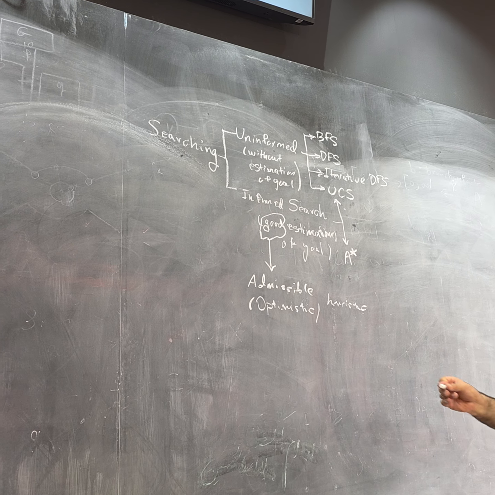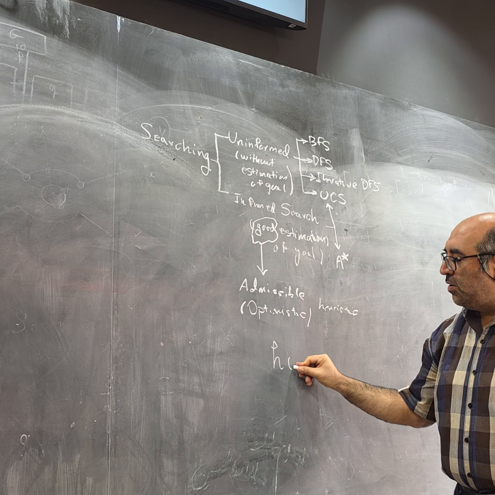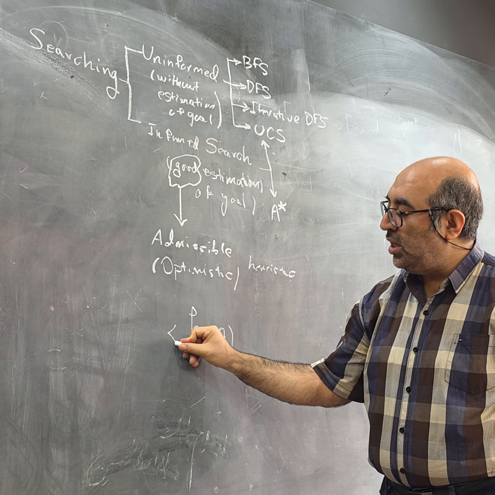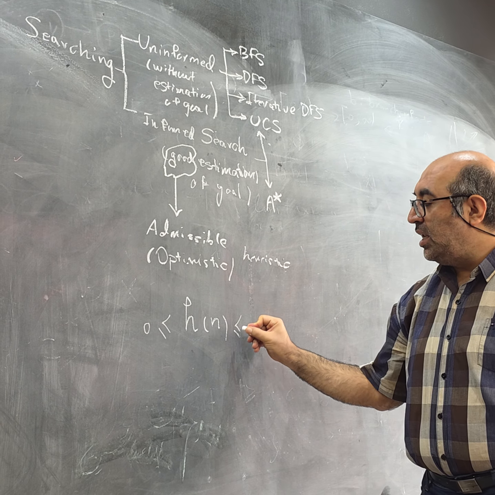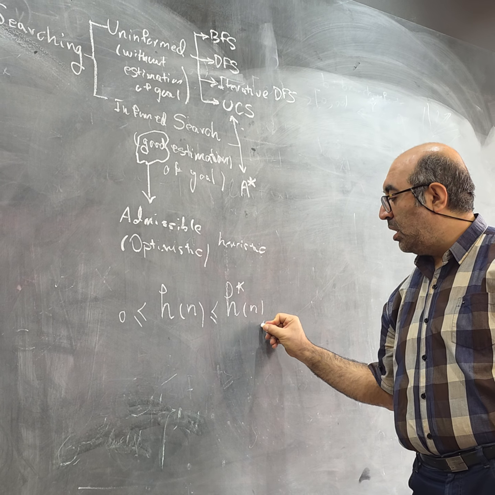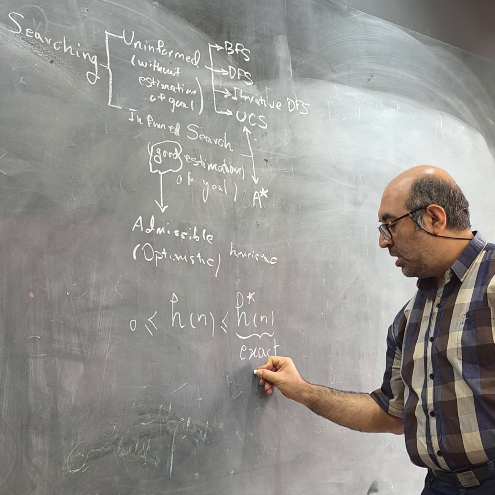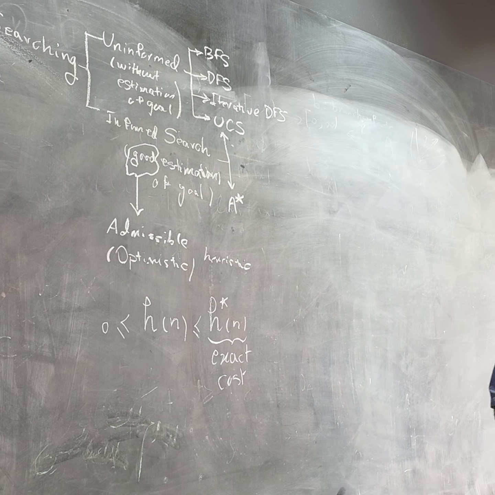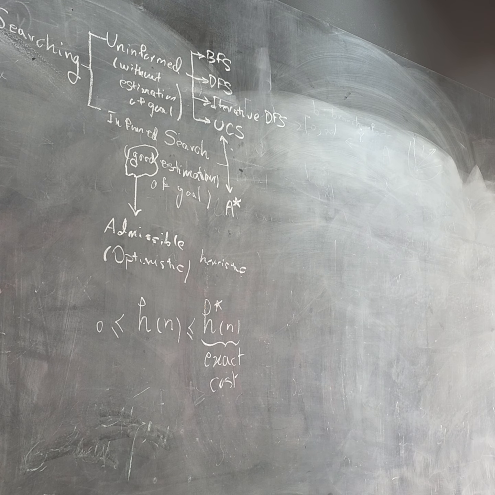We say that in mathematics, if h, the heuristic for any node, is positive or 0 and less than the exact cost, we refer to such an h as an admissible heuristic.